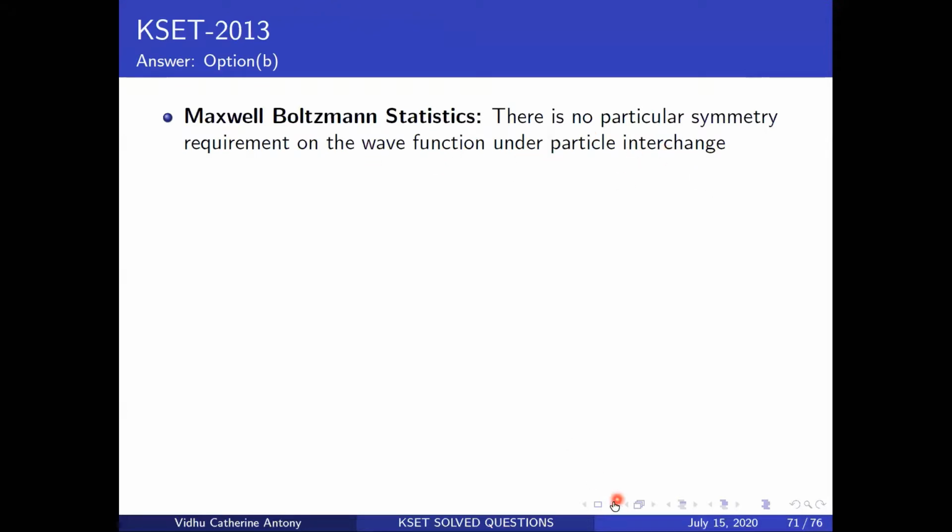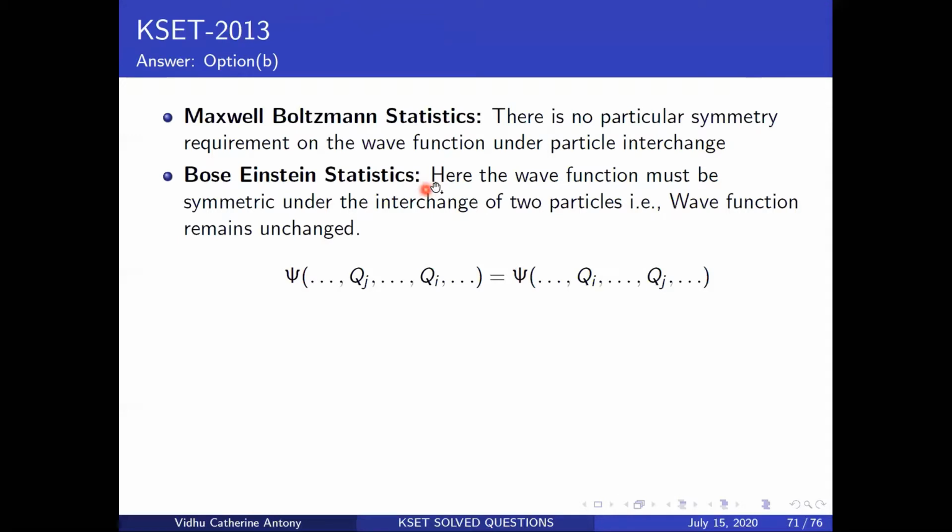In the next case, Bose-Einstein statistics, your wave functions must be symmetric under the interchange of two particles. That means your wave function remains unchanged. One coordinate consists of spin as well as position coordinates, so if you interchange any one of them, it should still give you the same wave function.